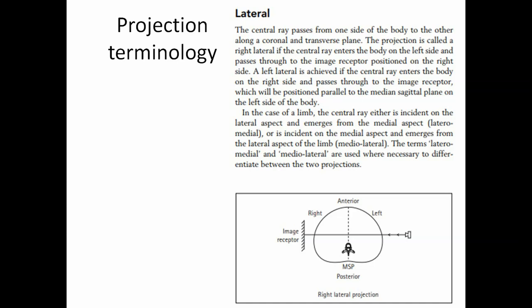In lateral view there are also right and left lateral views. In the example, this is the cassette, or image receptor. If it is on the right side of the patient, this is right lateral. If the cassette is on the left side and the X-ray tube on the right side, it means left lateral view. So this is the lateral aspect of the patient.